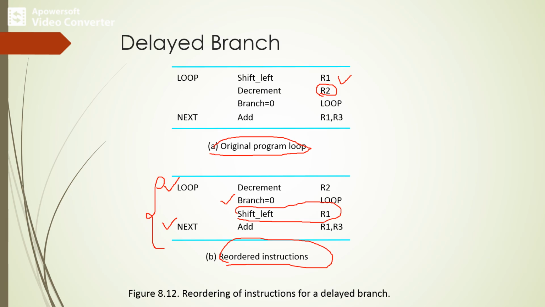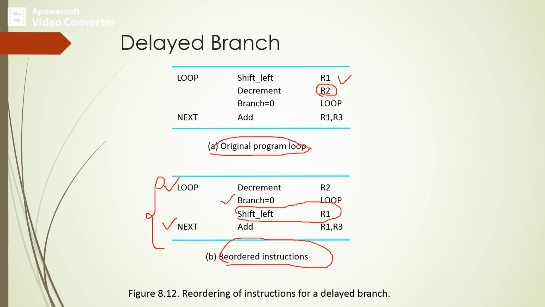After that, the processor evaluates the branch condition and fetches the instruction either from the program label loop or next, depending upon whether the branch condition is true or false.